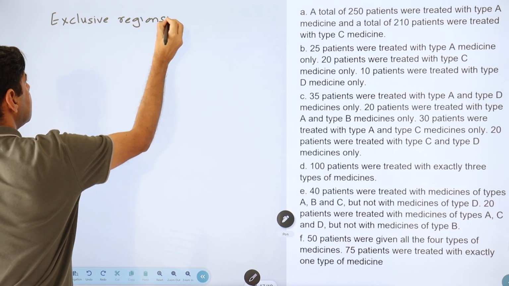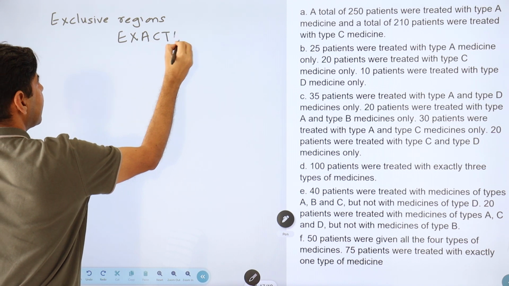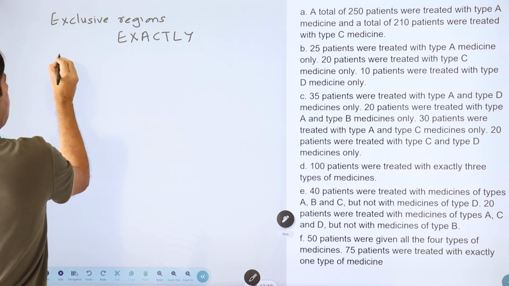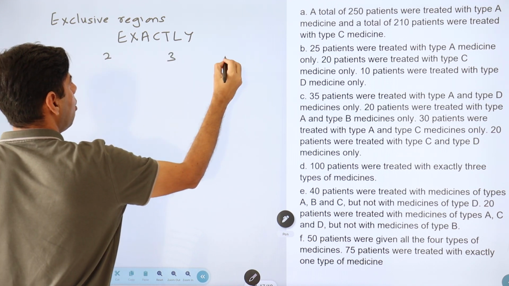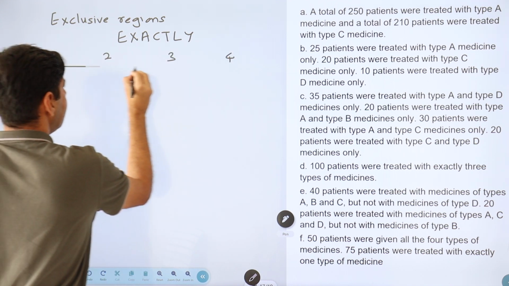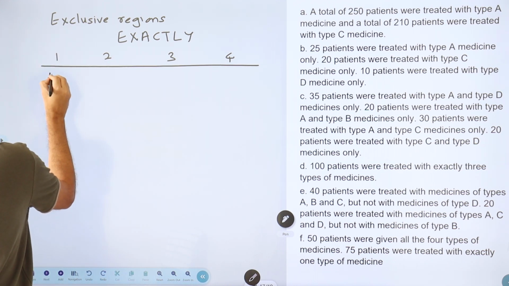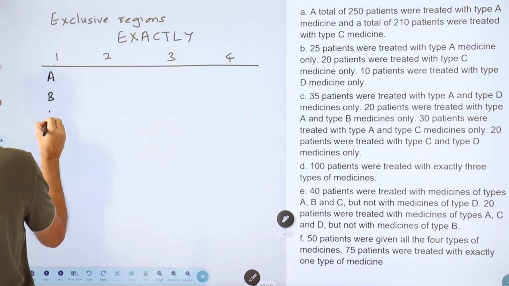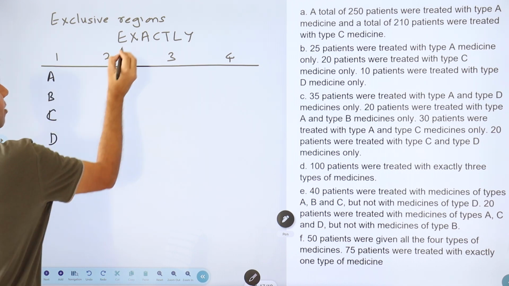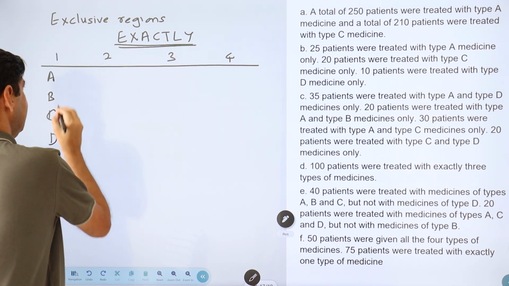By exclusive regions I mean simply those who are treated with exactly 1 medicine, 2 medicines, 3 medicines or 4 medicines. If you are treated with exactly 1 medicine, it could be only A, only B, only C, only D. That 'only' is coming in because he is treated with only 1 of the medicines.